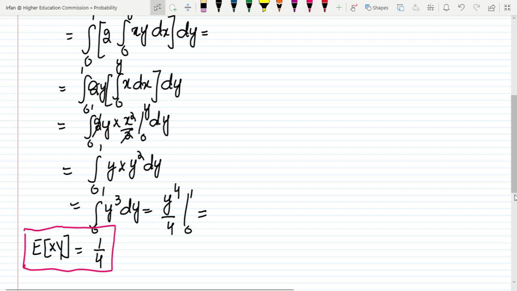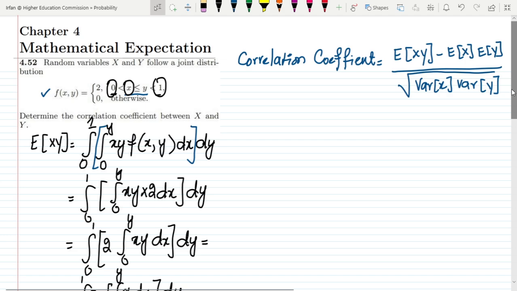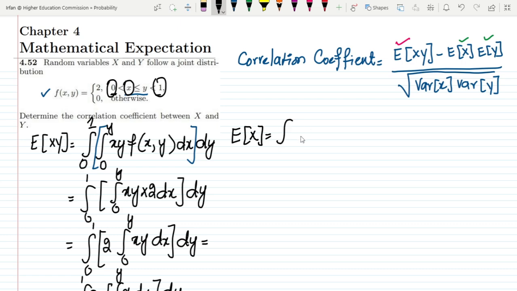Let me move to the other values here. This one is known. Now let me move to the other values, E of x and E of y. Let me find out the value of E of x. The value of E of x is the integral of x g of x dx.